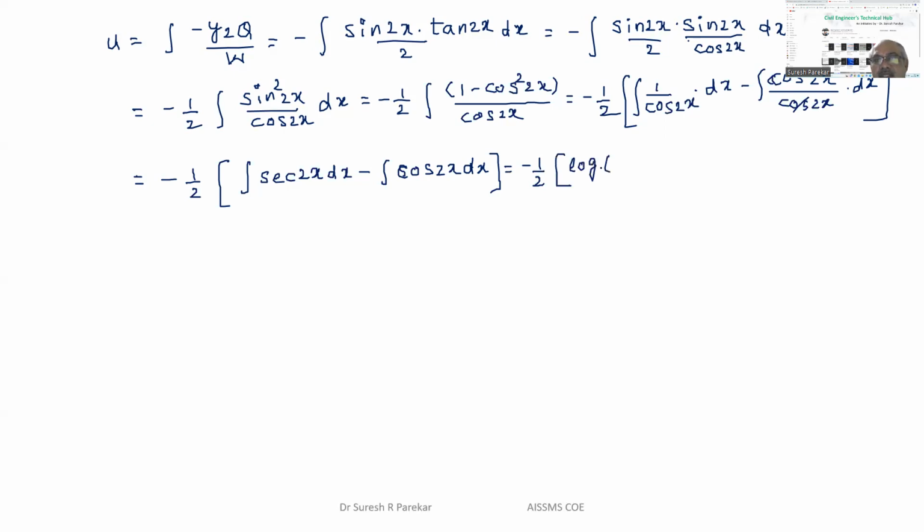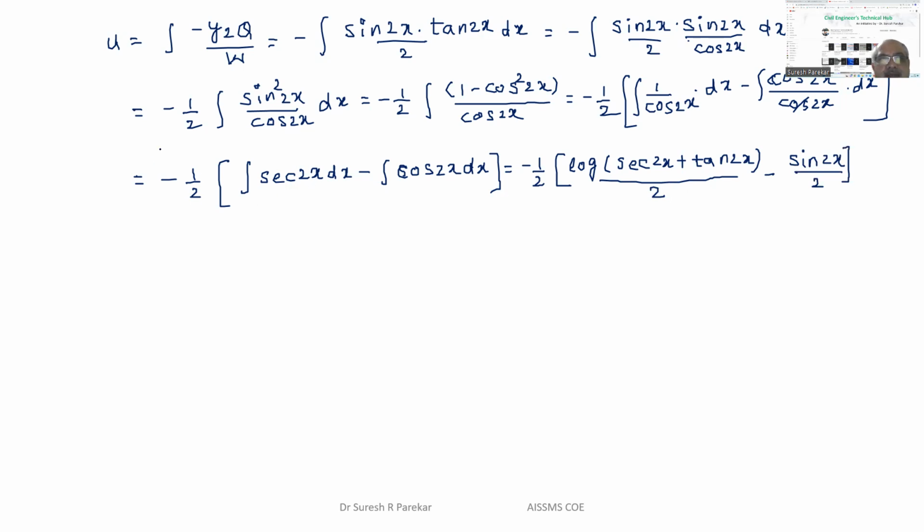And from this we get minus 1 by 2, the integral of sec 2x is log of sec 2x plus tan 2x upon 2, minus the integral of cos 2x, which is sin 2x upon 2.